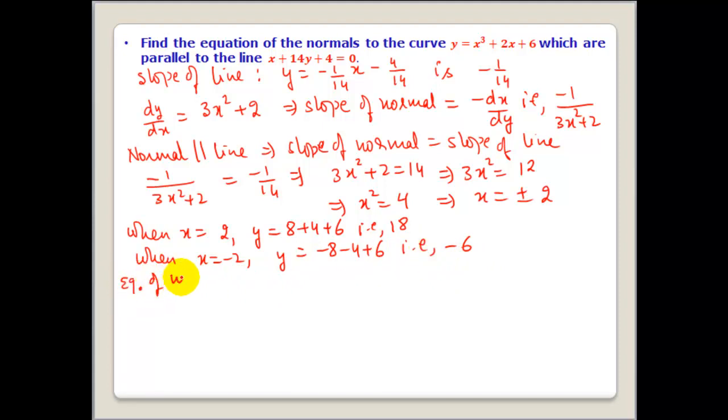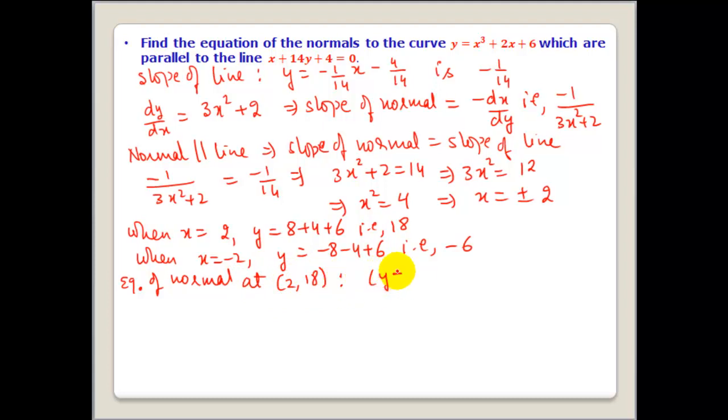So equation of normal at, let us first take the point 2 comma 18. Okay, so it will be y minus y1, which is 18, is equal to slope of the normal. Slope of the normal is same as the slope of line. So it is minus 1 over 14 times x minus 2.